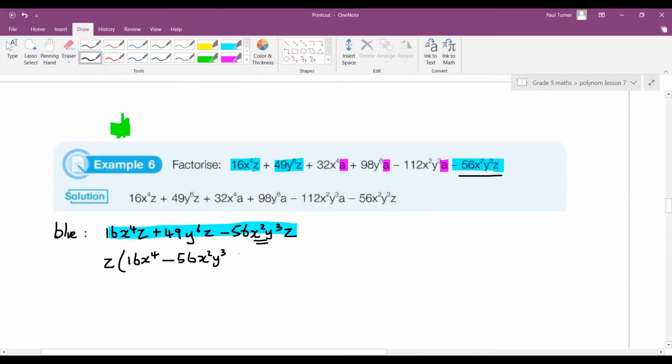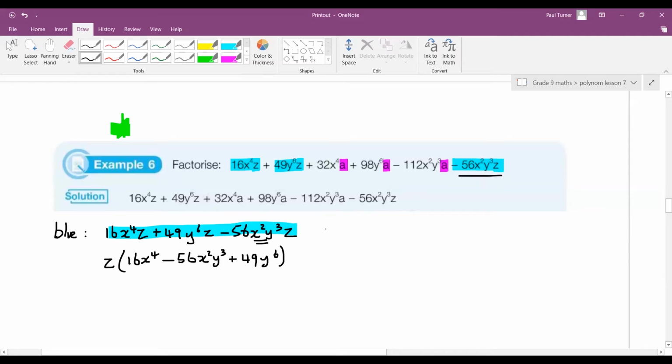And the last one will have just y6. So 49y6. I need to have this in the middle to help with the complete square. What I'm going to do, I'm just going to leave it like that actually to save a bit of time. I can factorize this, but I'm not going to do it yet. And you'll see why in a minute.